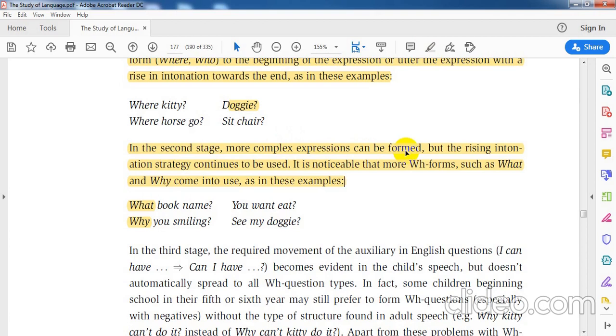Remember, we have already stated the 3 stages, 3 times through which the child is processing to form a question and negative. Now, for stage 1, as we said, between the 18 to 26 months, the child, now I'm joining the age with the stage.